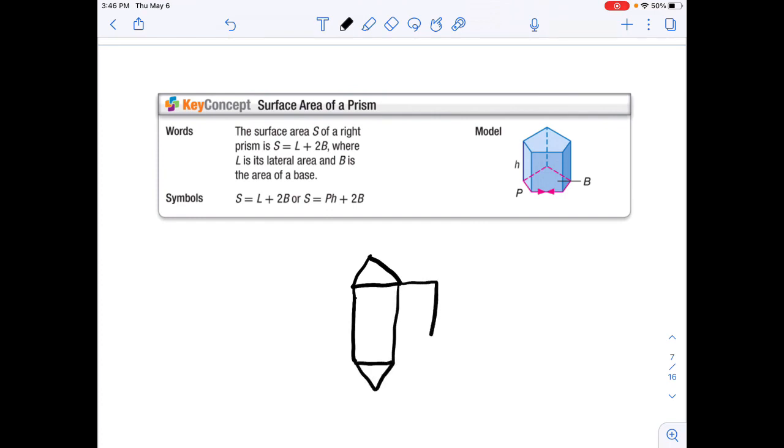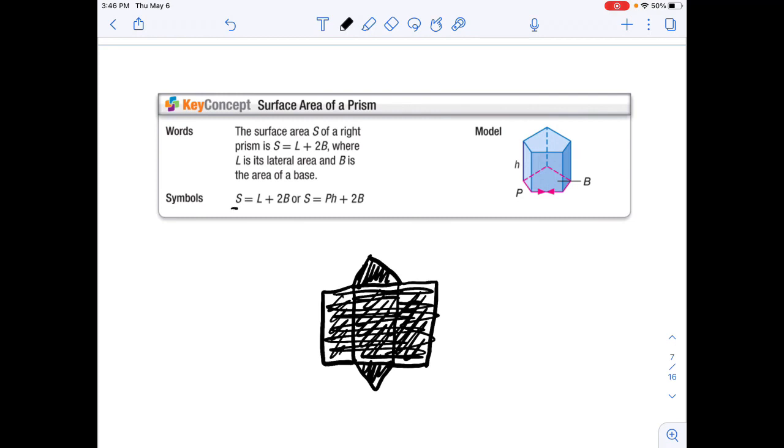I'm not a super great artist. So far, we've only found the area of the lateral faces. The surface area is just finding the area of the whole thing. So we have the lateral area plus our two bases.